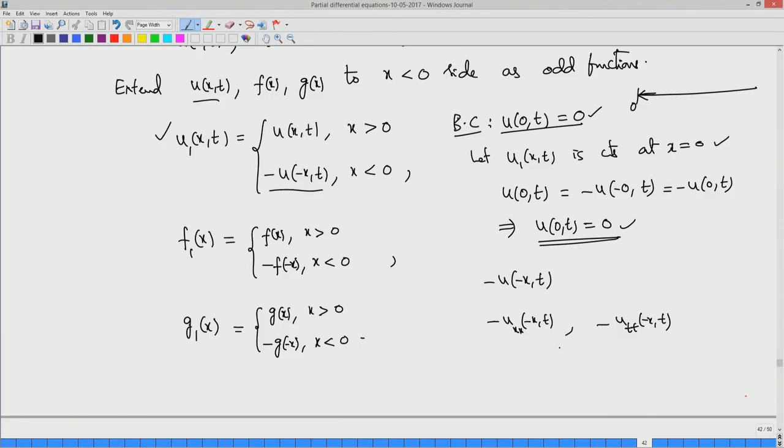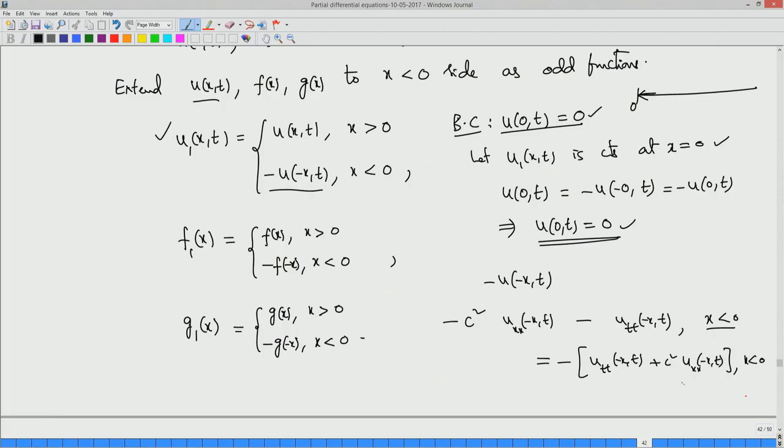this, defined for x positive, and x negative. So, they are together. If you put c square, minus c square, and then plus this and minus this, it is nothing but minus of u_tt at (minus x, t) plus c square u_xx at (minus x, t).